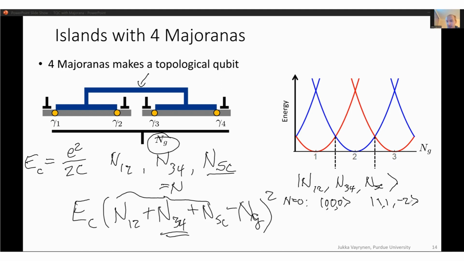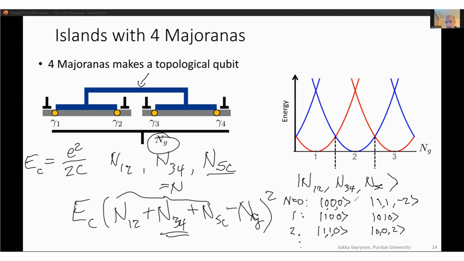So it's okay to have also negative numbers in the N for NSC. The one charge state, I have two options: 1, 0, 0 or 0, 1, 0. And the two state, once again, I can put 2 electrons into the Majoranas, or I can put 2 electrons in the superconductor, and I have unoccupied Majoranas, and so on.